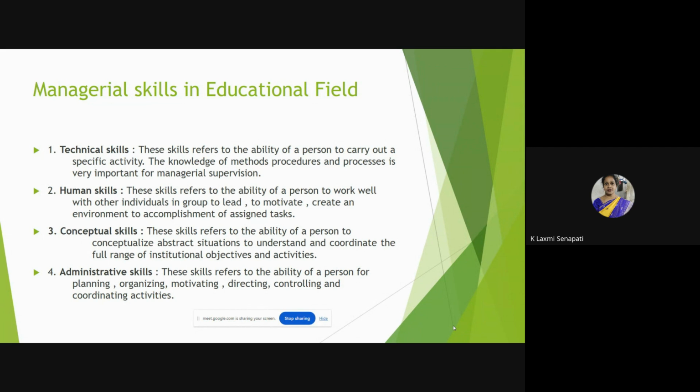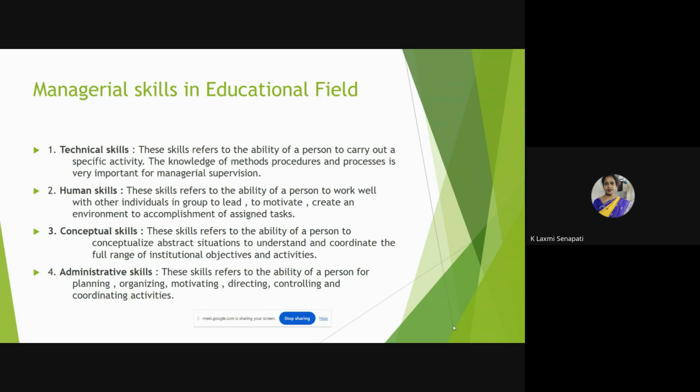Okay, and administrative skills. What are the administrative skills? These skills refer to the ability of a person for planning, organizing, motivating, directing, controlling and coordinating the activities. Here administrative skills means, suppose you are the headmaster, or the CRCC, or the BO.